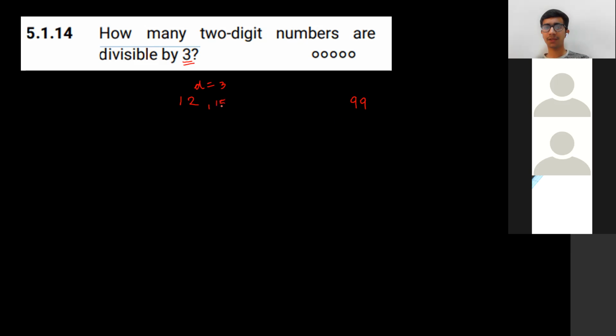So 12, 15, and so forth till 99. All right, perfect. Everyone is getting 30. Nice. Now you just have to apply the formula. You have A as 12, you have D as 3, and you just have to apply the formula for AN, which is 99, and calculate the value of N. Great.